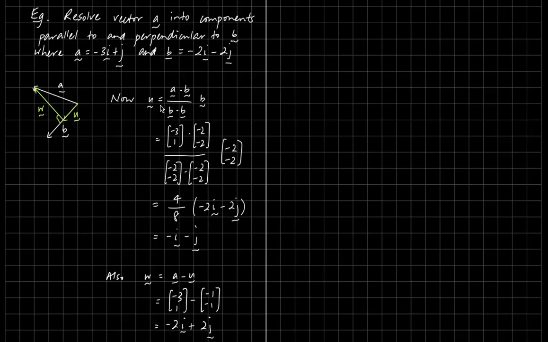Now, just to show you how we do it using the formula on your formula sheet. So that would be vector projection of A on B is given as A dot unit vector B times unit vector B. And we'll see why this does have its uses, even though it's not quite as handy to use.